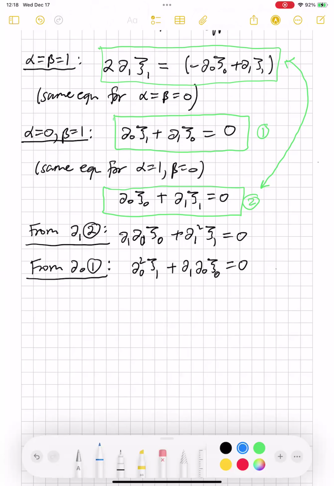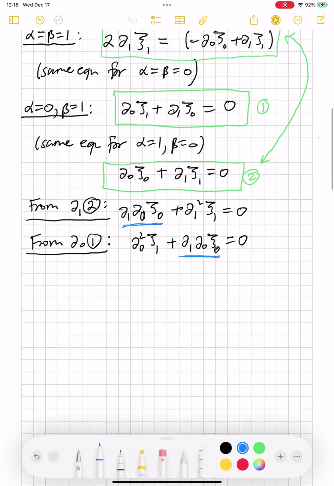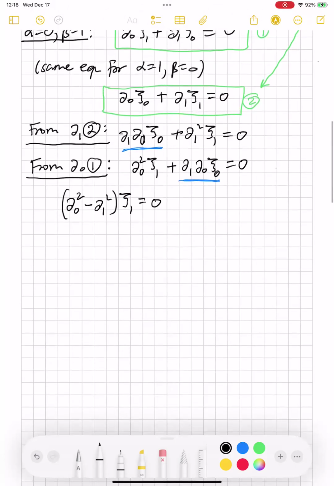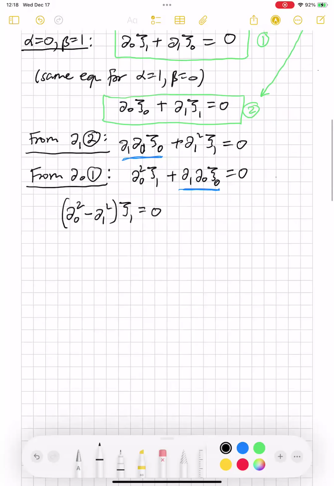Now what you can see is this term appears in both equations, so we can eliminate it. And if we eliminate that from these two equations, then these two equations become a single equation. Let's write it as d naught squared minus d1 squared on zeta 1 is equal to naught. And this equation we recognize, this is nothing but the massless wave equation.